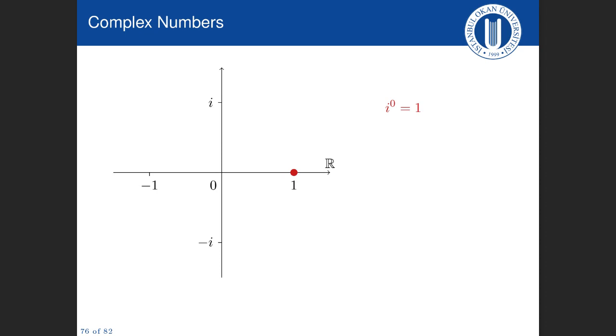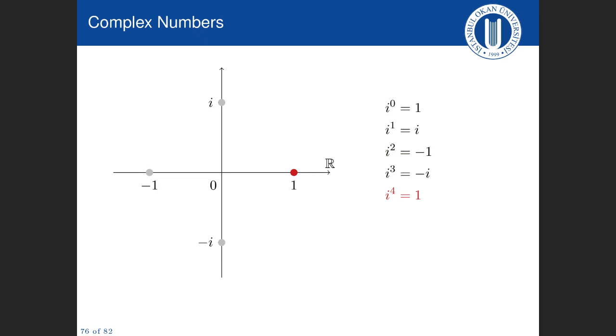Any number to the power 0, any non-zero number to the power 0, I should say, is equal to 1. So i to the power 0 is 1. i to the power 1 is i, that's just here. i squared is equal to minus 1. i cubed, multiply left and right by i, is minus i, because that's minus 1 multiplied by i. i to the power 4, again, multiplied by i, we get 1.